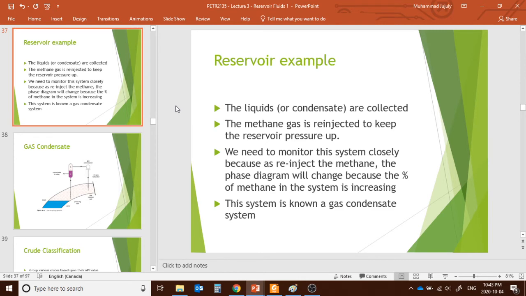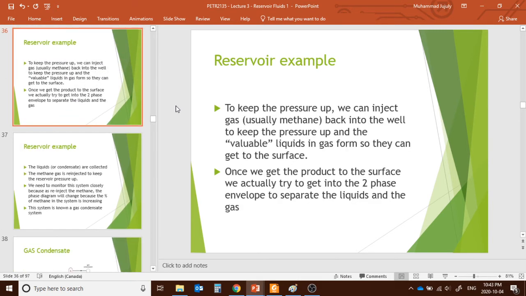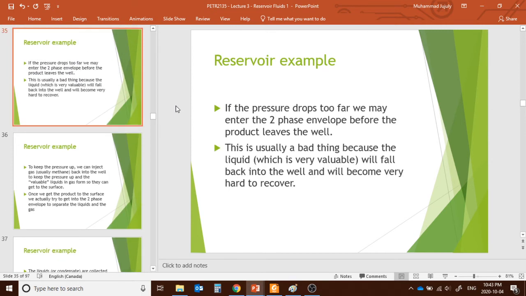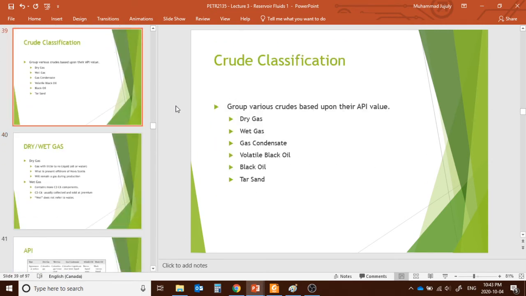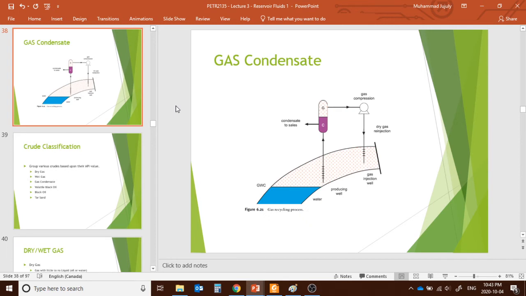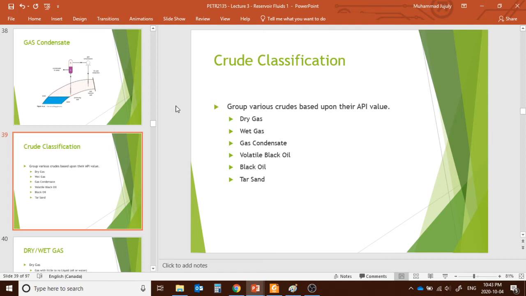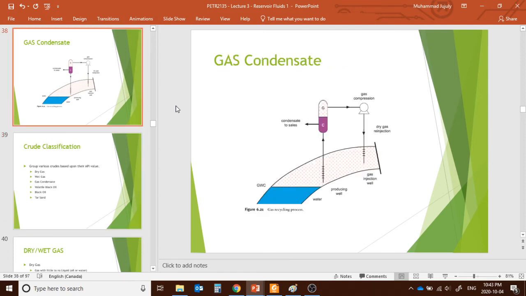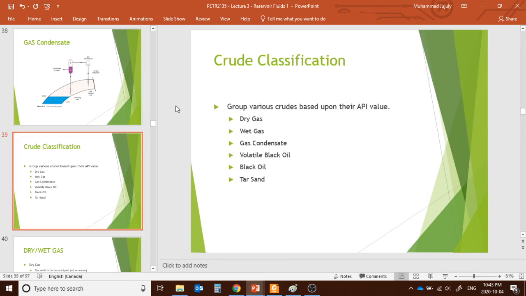So in the reservoir there could be different portions of gas condensate. Depending on the type of reservoir, we have different types of natural gas. It could be dry gas, which doesn't have any oil dissolved at all.